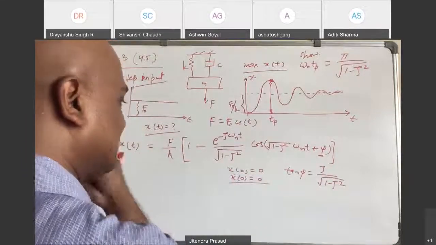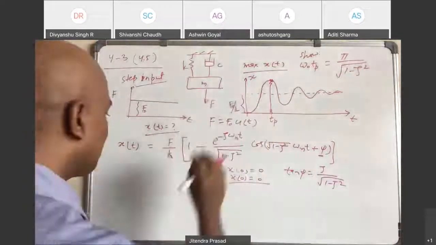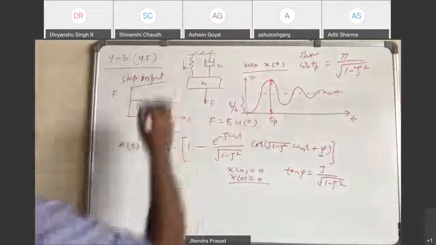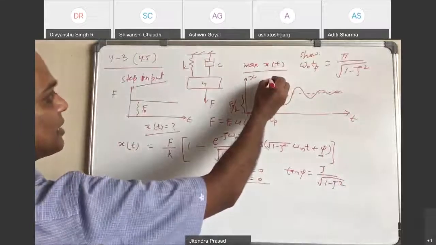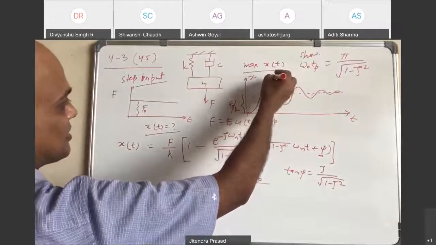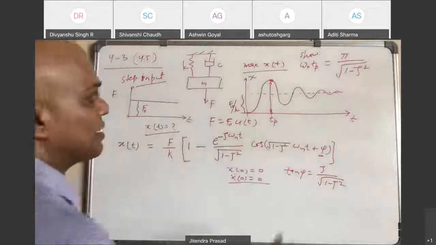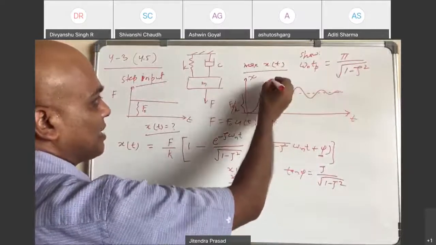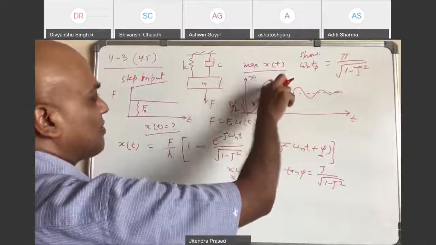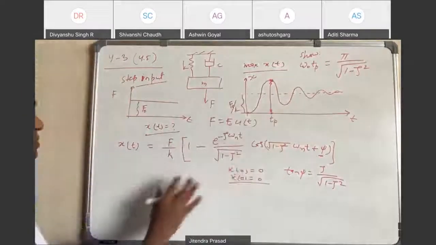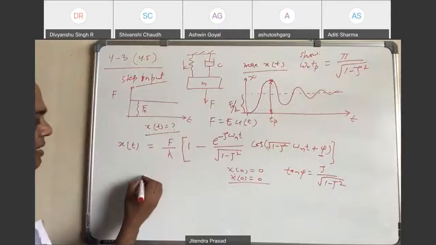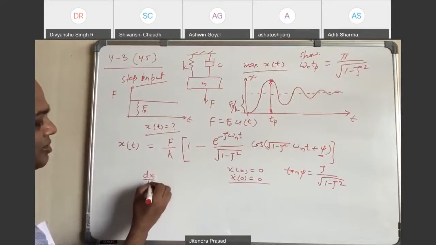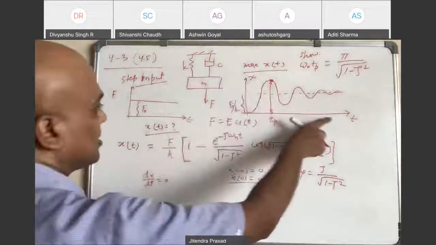To solve this problem, you know that you have to find the maxima, where the velocity has to be 0. Looking at it from calculus, the maximum or minimum means dx over dt equal to 0, because x is a function of t.